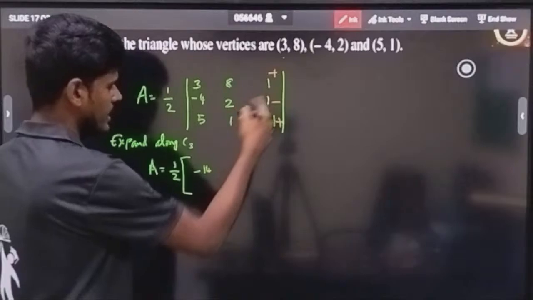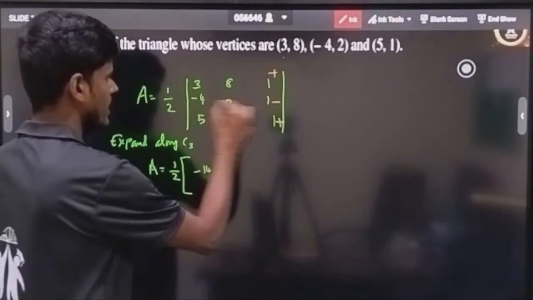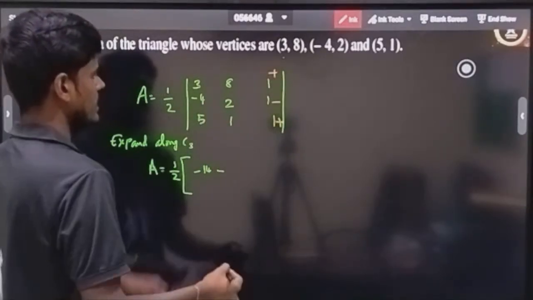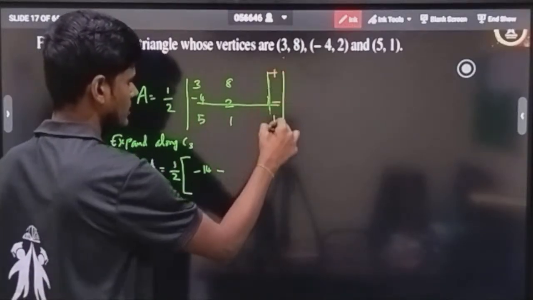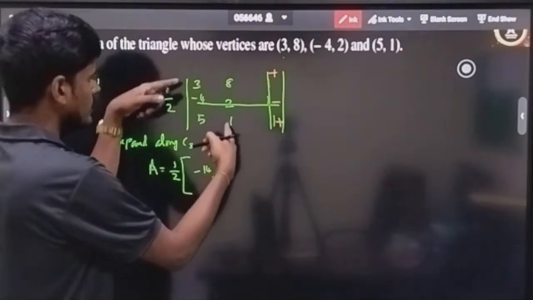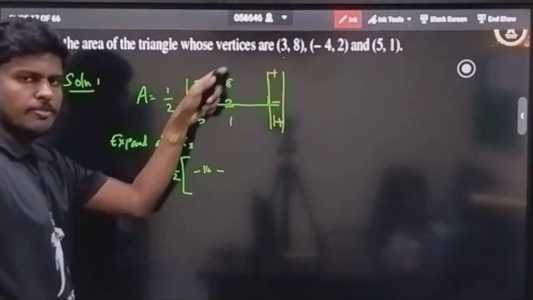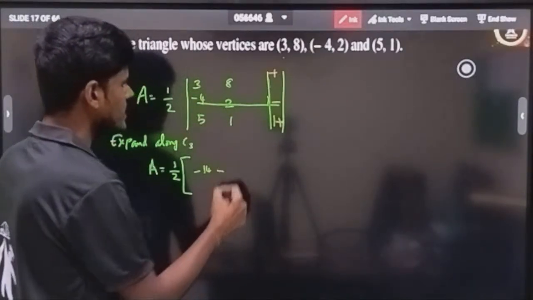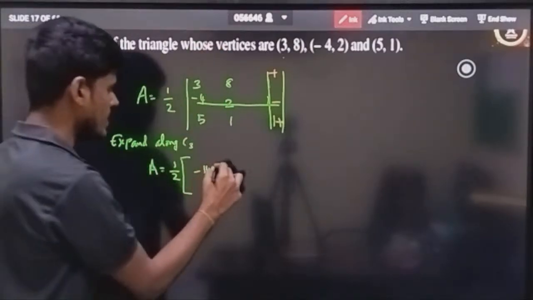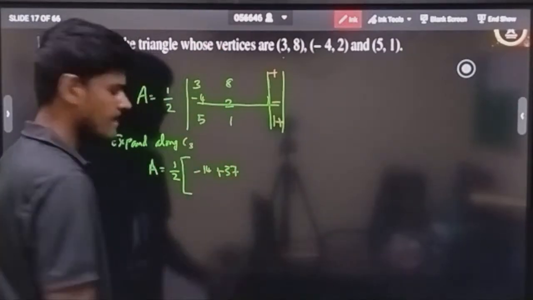Next minus of, now we have to leave these two, then if we leave second row and third column, we will get 3 minus 5 eights are 40, 3 minus 40 is -37. So minus of -37 will be +37.